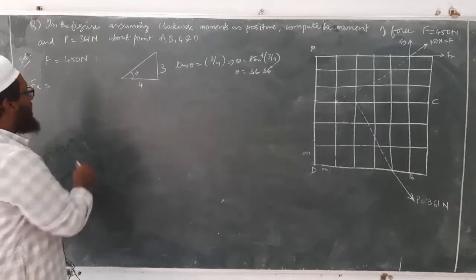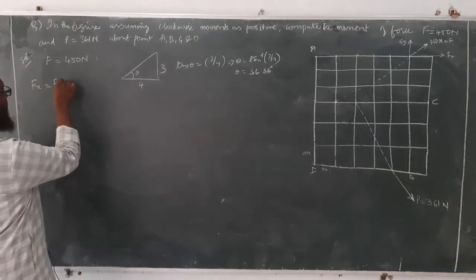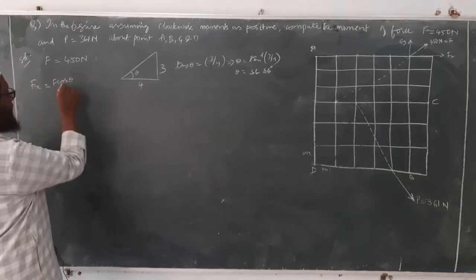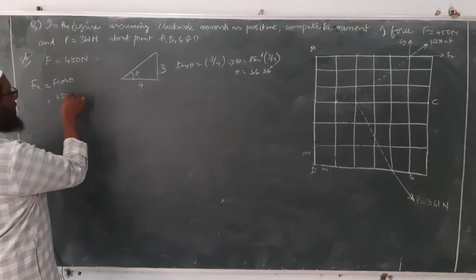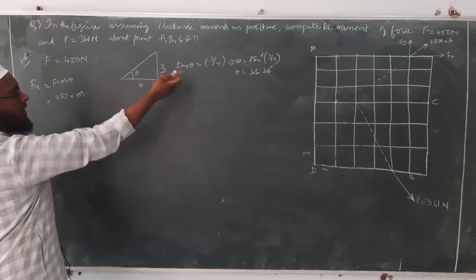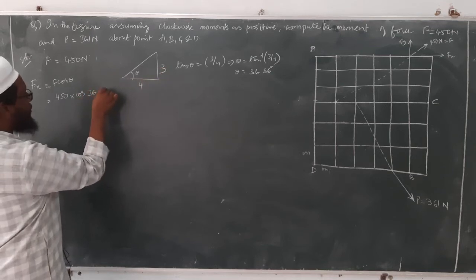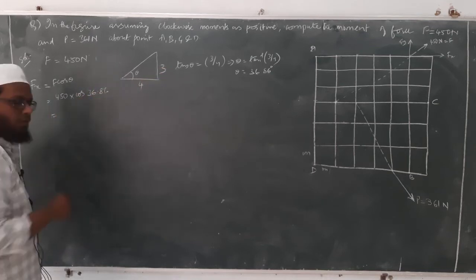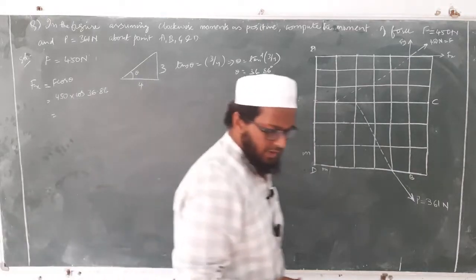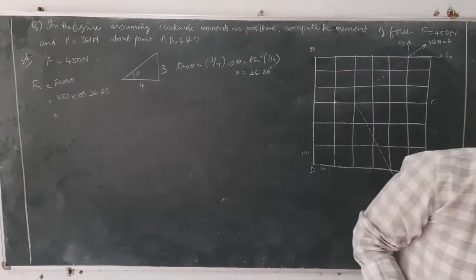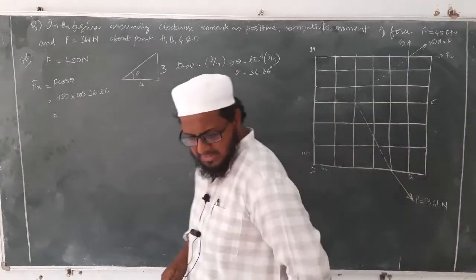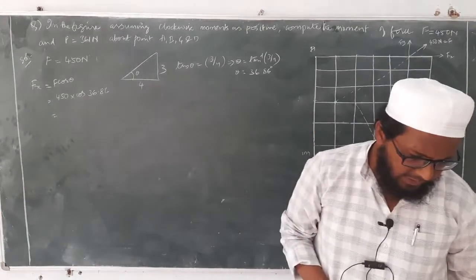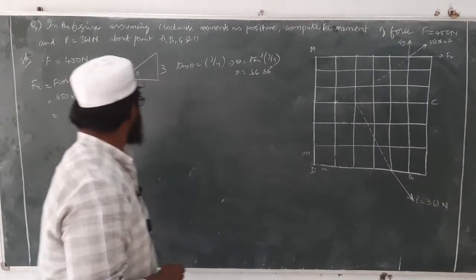Alright, so Fx is equal to F cos theta. What is F? F is 450. Cos theta, the value of theta is how much? 36.86. So 450 into cos 36.86, I got Fx as 360 newtons and Fy as 270 newtons.